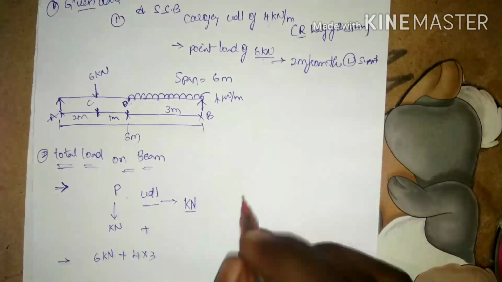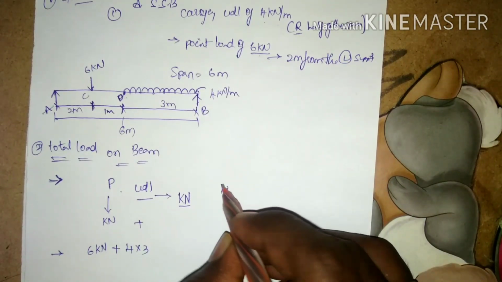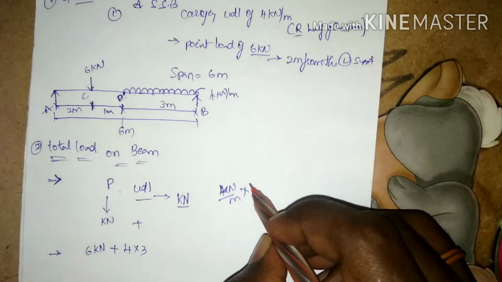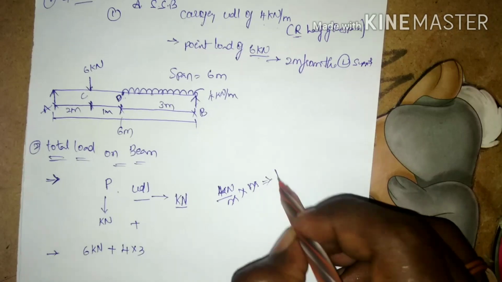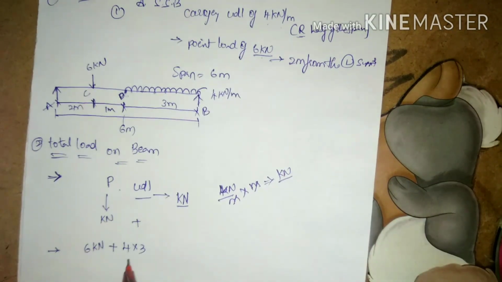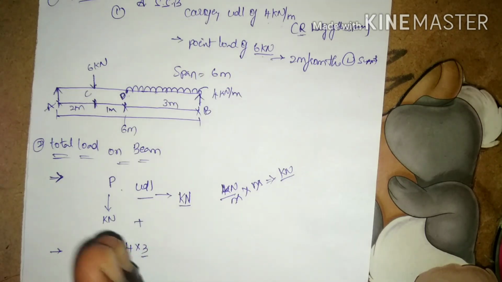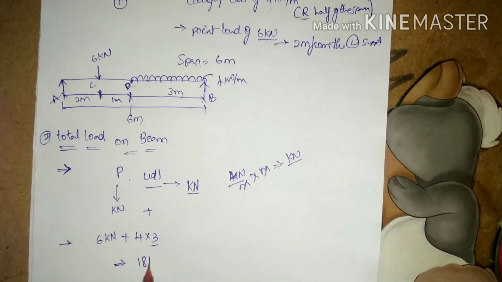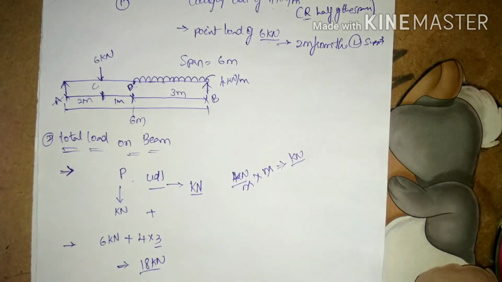Why are we multiplying with 3? Because the UDL is in kilonewtons per meter, and if I multiply with meters, the meter cancels and we are left with kilonewtons, so I multiply with 3 meters, which is the length over which the UDL acts. That gives 18 kilonewtons on the beam. The total load on beam is equal to 18 kilonewtons.